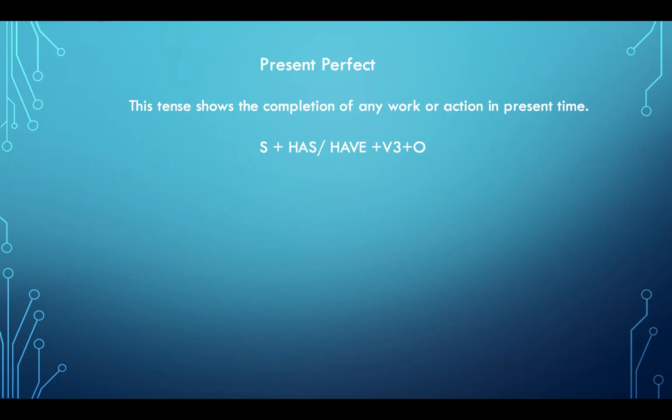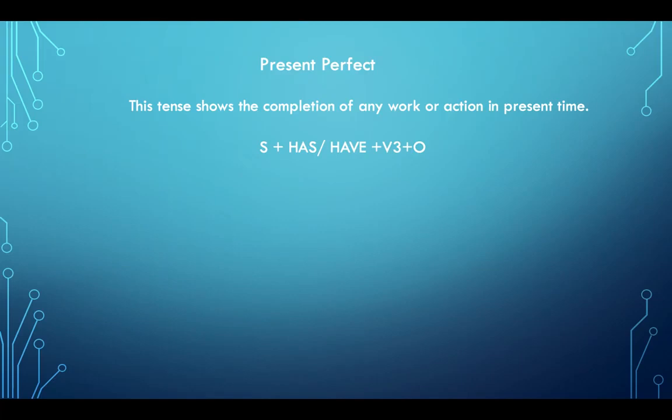Let's see how the formula goes. Subject plus has or have plus third form of verb plus object. Children, always remember that whenever we use a past form or a perfect form, we always use the third form of the verb, because it shows those actions which are done, which are complete.